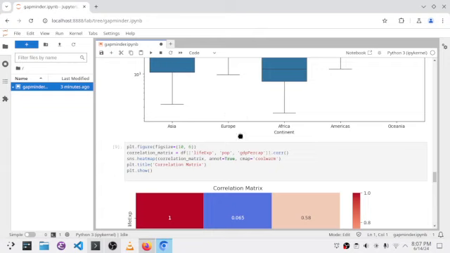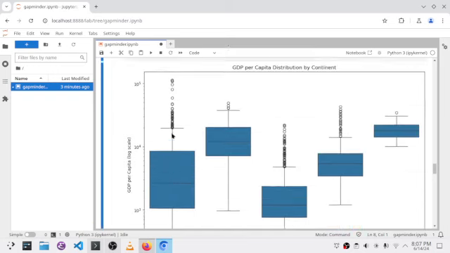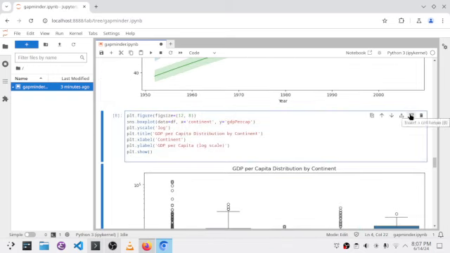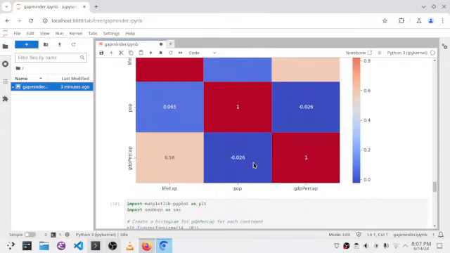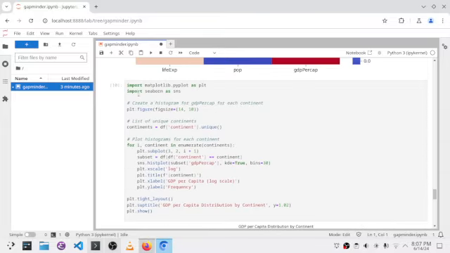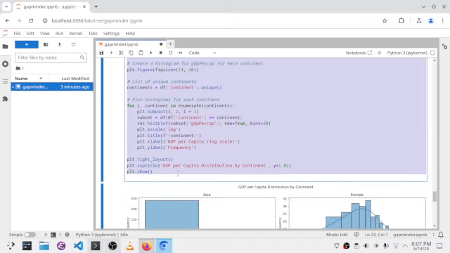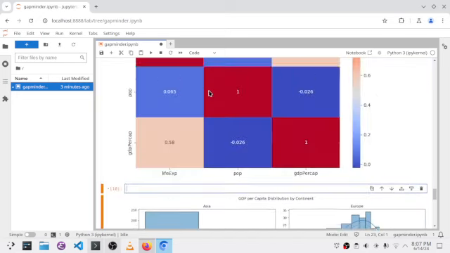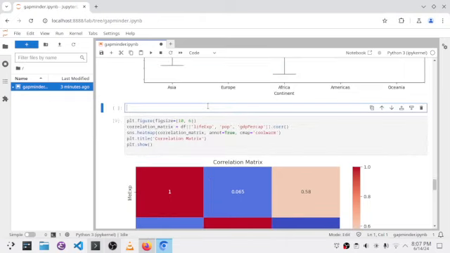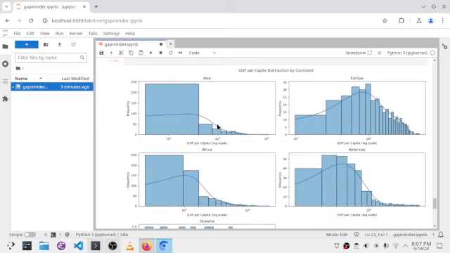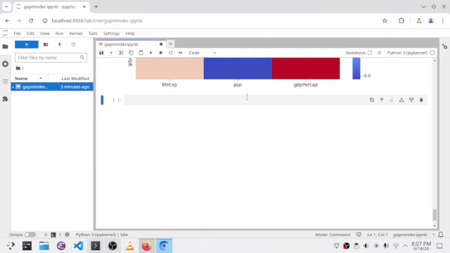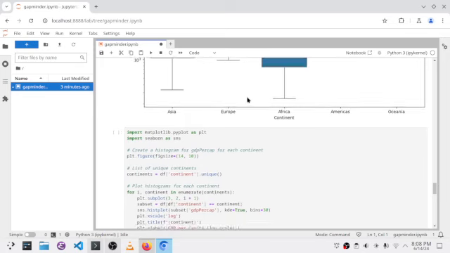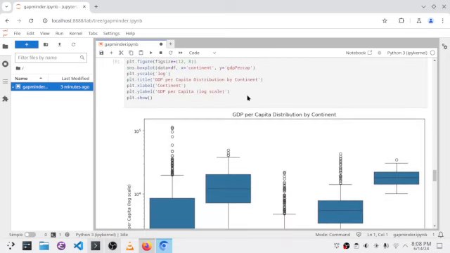And you notice we don't really need to constantly come back up here.